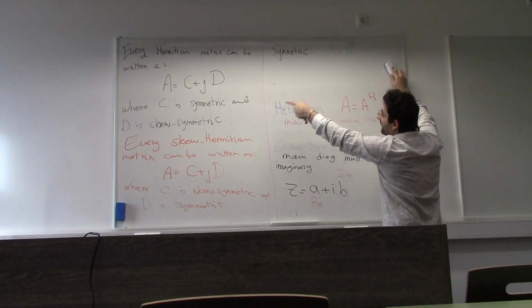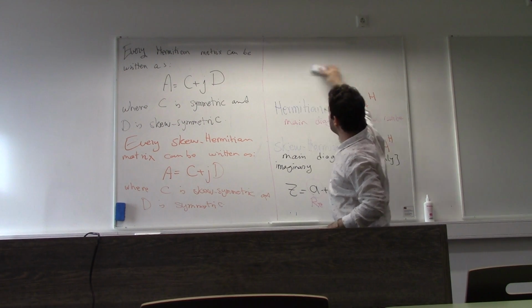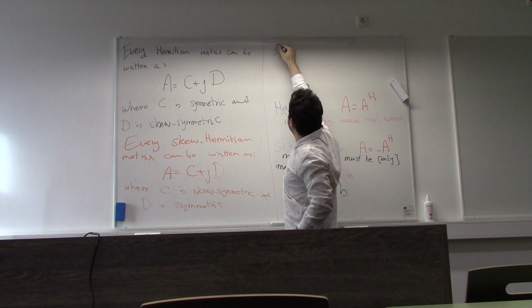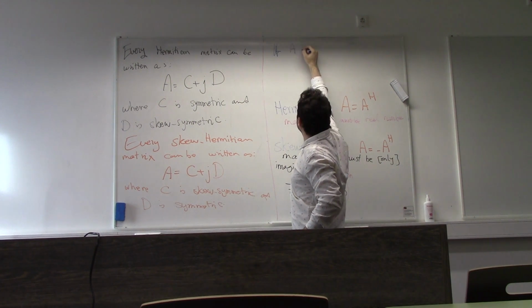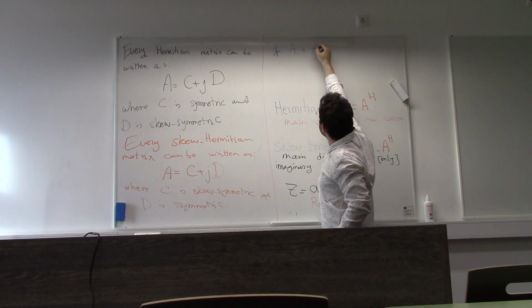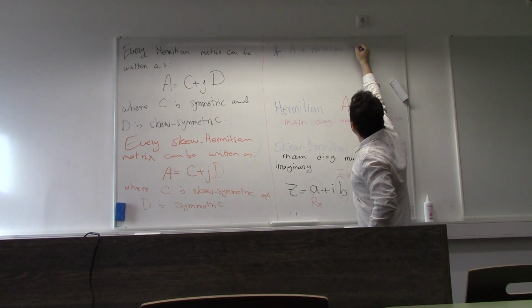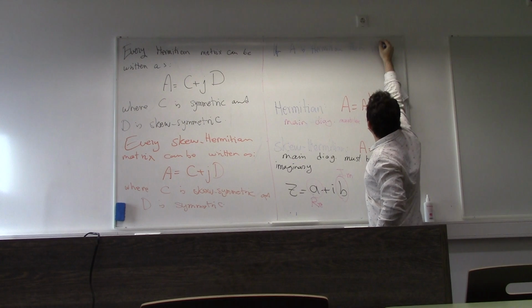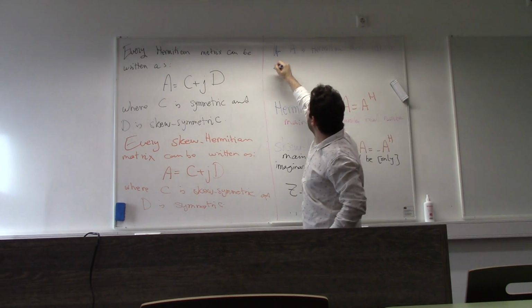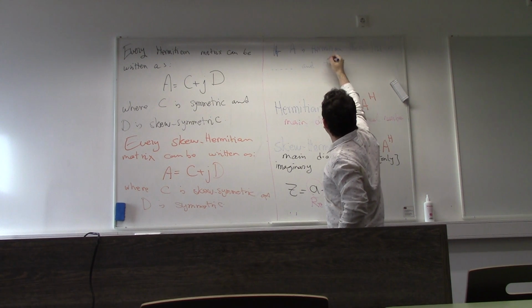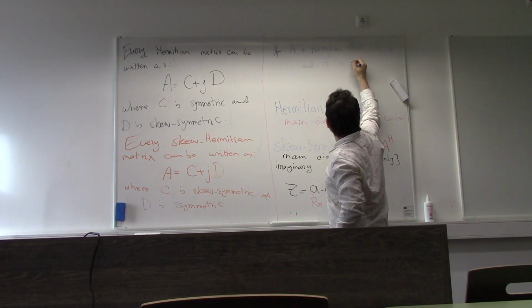I'm not erasing everything in here because I want to use some of these properties. If A is Hermitian, then what is the determinant of A, and what is A inverse?